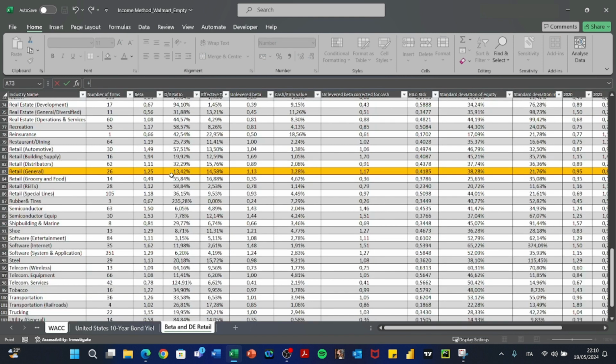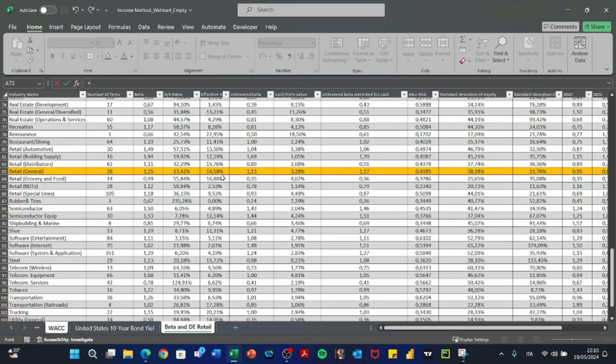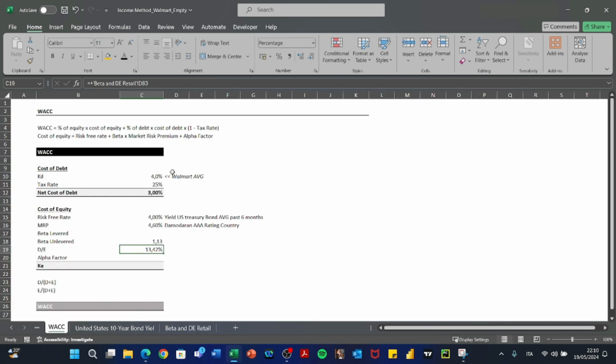Let's go back where we were. Unlevered beta, debt over equity is this one. The formula for relevering the beta over the target debt over equity structure is unlevered beta times 1 plus, minus the tax rate, times the financial structure.